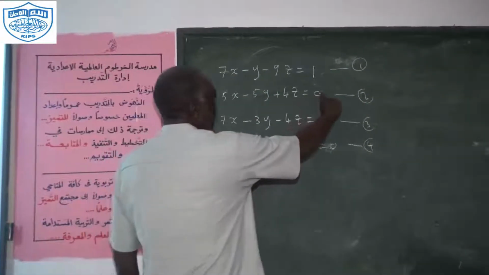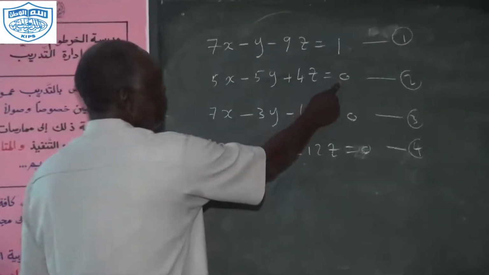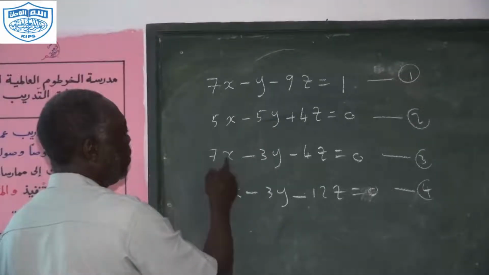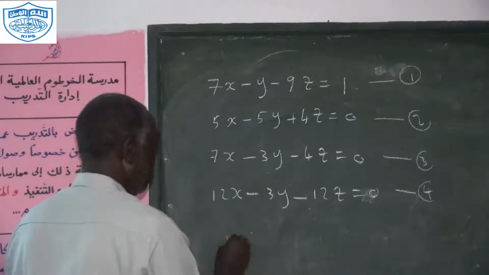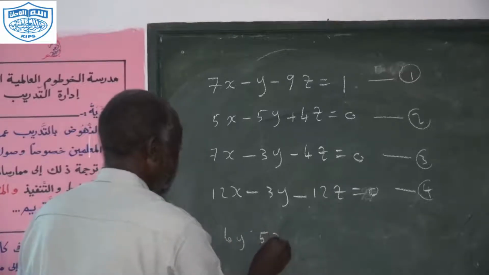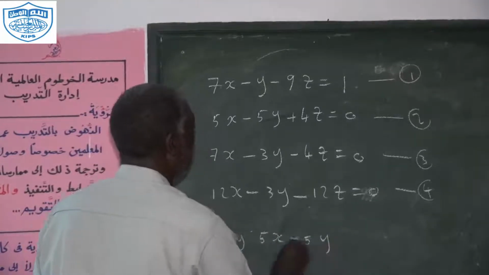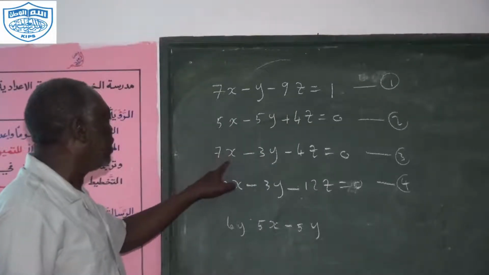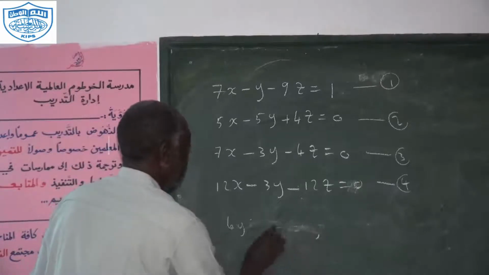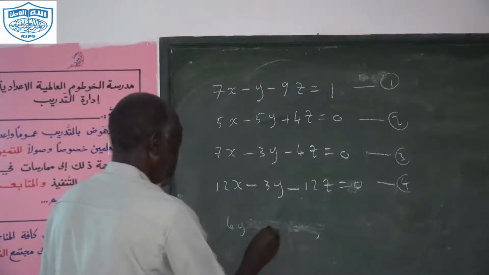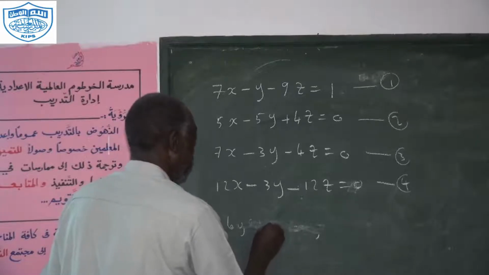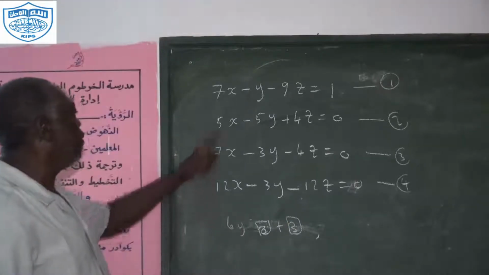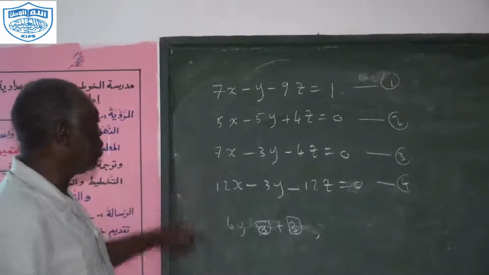If I add equation number 2 and 3 to eliminate z: 5x minus 5y plus 7x minus 3y equals 0. 5x plus 7x equals 12x.